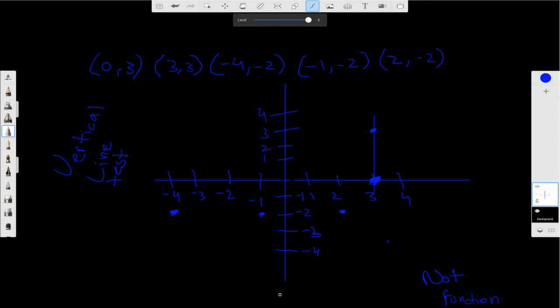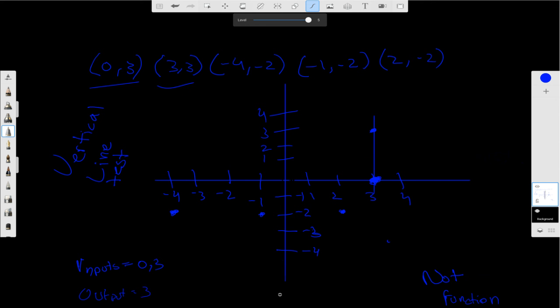If we go back to our first thing, which was a line, none of them were overlapping. But this one, we have two of the same. And as you can see over here, we have one that says 0, 3 and 3, 3. So that means two inputs, 0 and 3, equal the same output, and that output is 3.